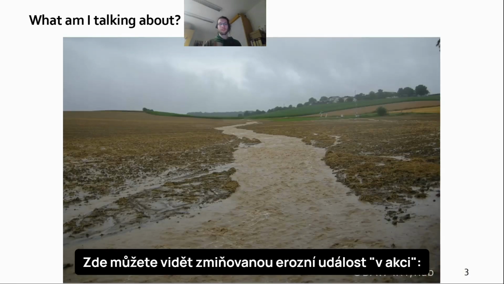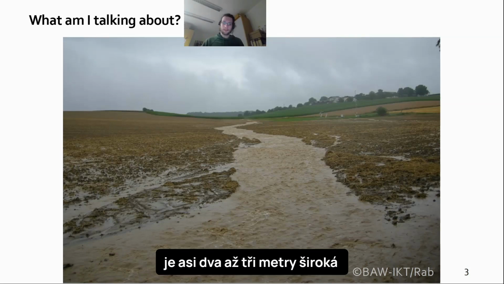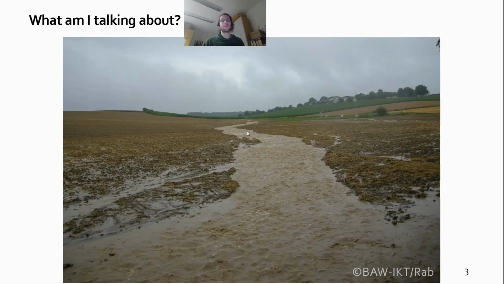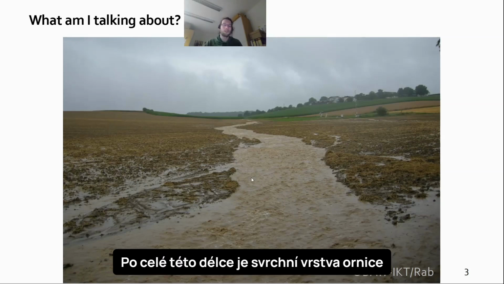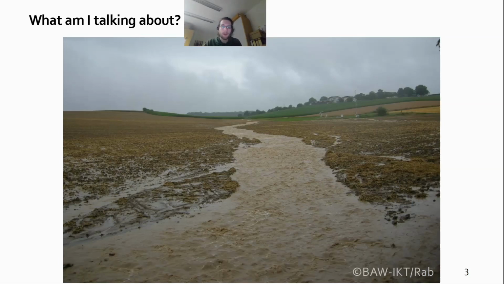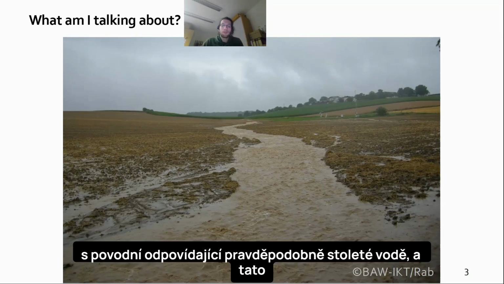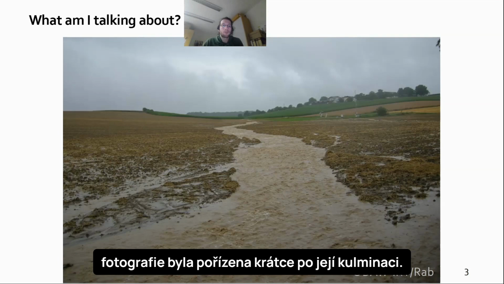So here you can see an ephemeral gully in action. This is about 2 to 3 meters wide here and several hundred meters long. And all along this trajectory, the topsoil was completely removed down to the flood pan. This was a very large event. This was probably around a 100 year flood, and this photo was taken more towards the end of the event.